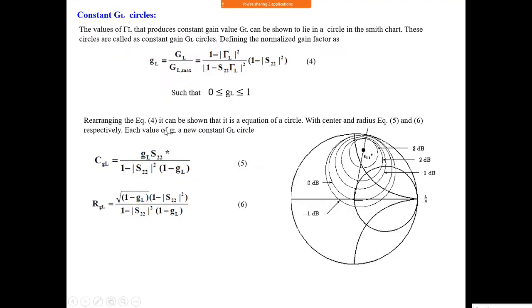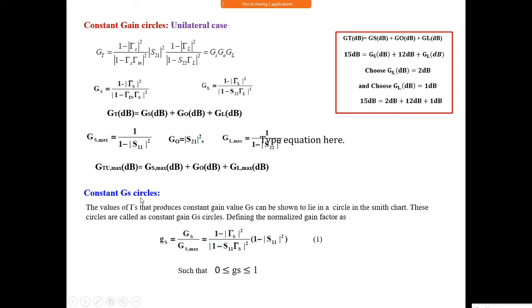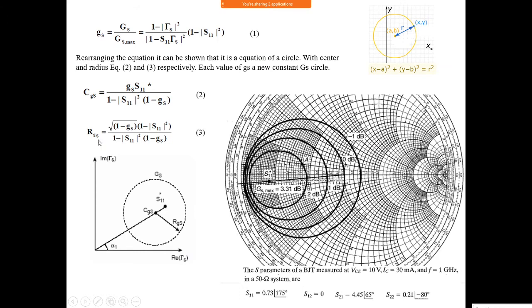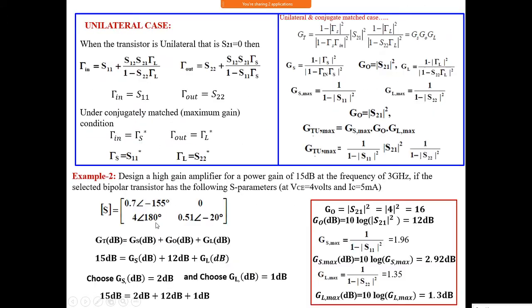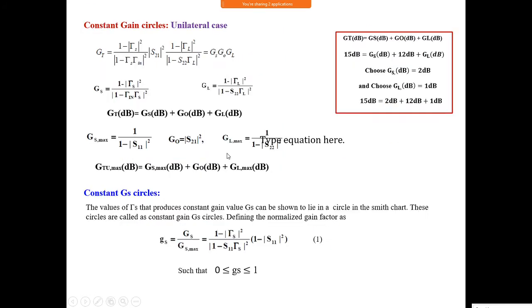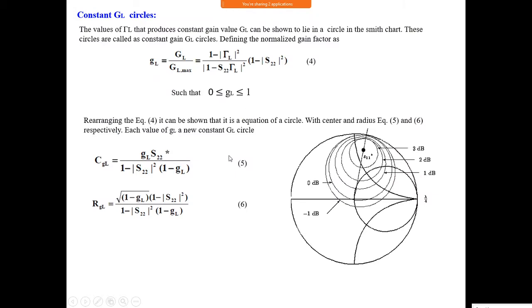But for the output load circles, the equations are different. See here, input constant GS circles, that is to get a ZS. This is the center and this is the radius for GS, to get a GS value. To get a GL value, what should you do? You should go to constant GL circles.